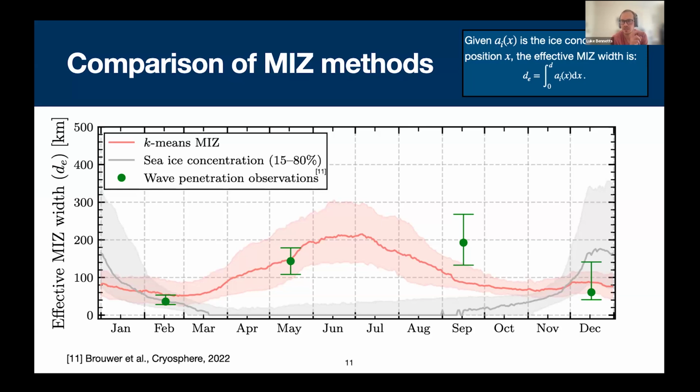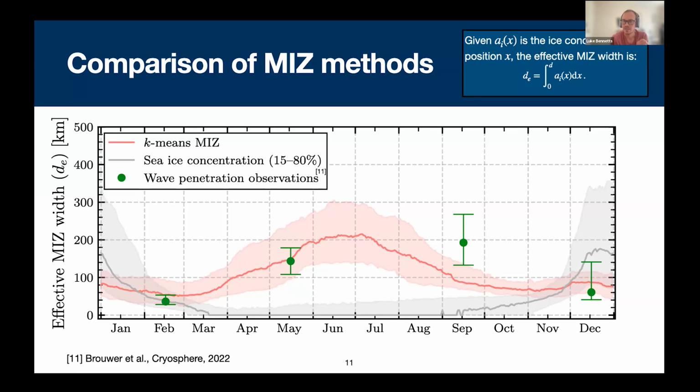And the reason that we chose to do that is so that we could directly compare with the satellite observations from the paper by Jill Brower, Alex Fraser, et al. So those observations are shown by the green markers and error bars here.